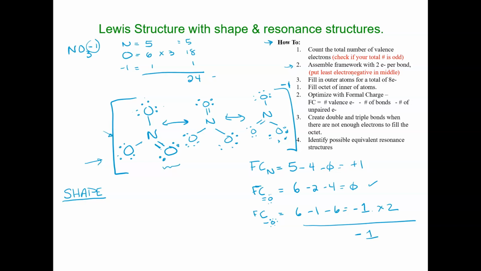We count the double bonds because they go to the same atom as a single electron group. So there's 3 electron groups. The furthest they can get apart is 120 degrees, and so our shape is trigonal planar. And the angle between the bonds is 120 degrees.